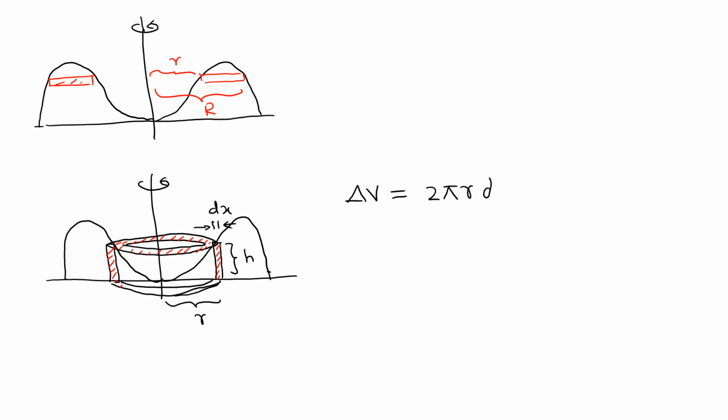If you multiply by the thickness, you get the area of the rim, and then you multiply by the height to get the volume. So this is the volume of one of those shells, the shell volume.